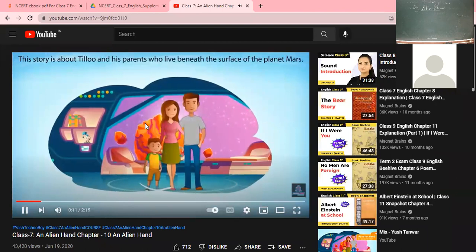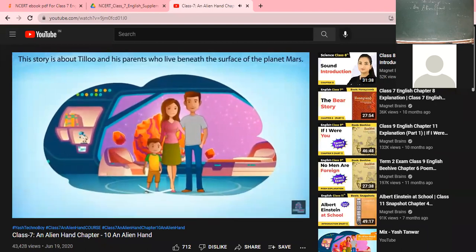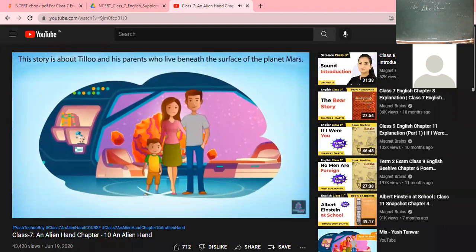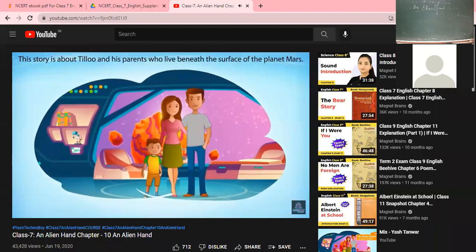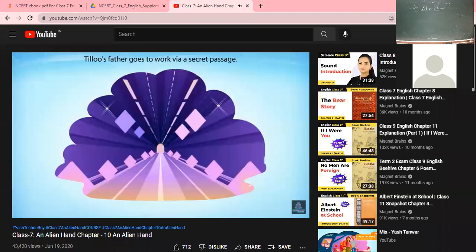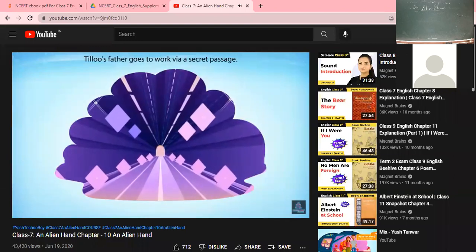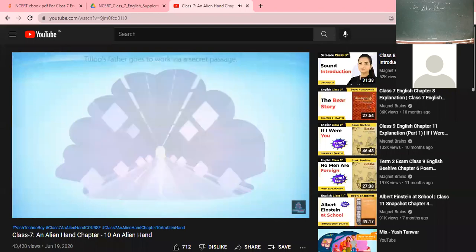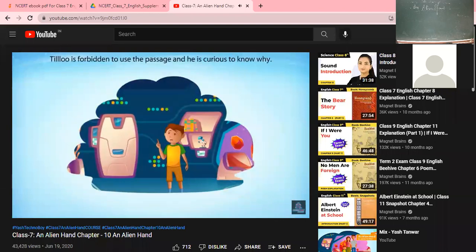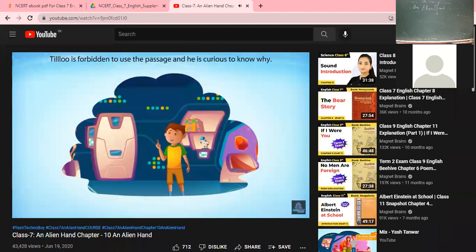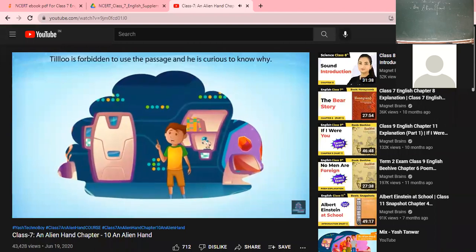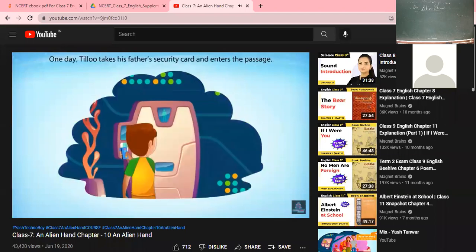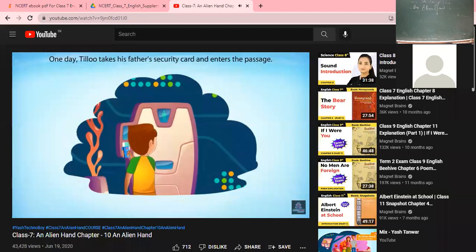This story is about Tillu and his parents who live beneath the surface of the planet Mars. Tillu's father goes to work via a secret passage. Tillu is forbidden to use the passage, and he is curious to know why. One day, Tillu takes his father's security card and enters the passage.